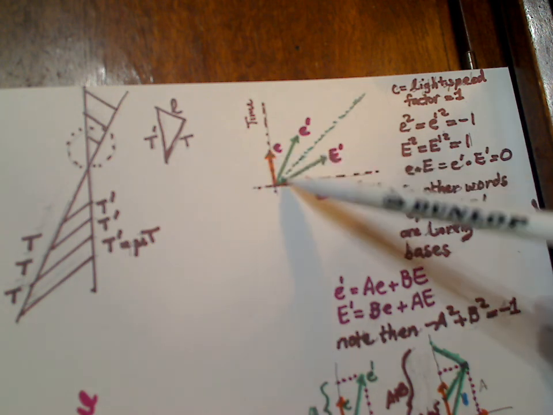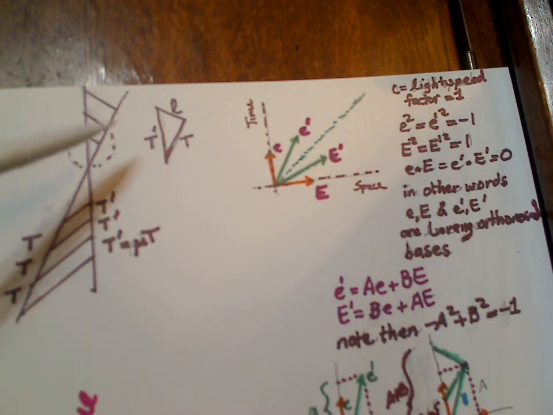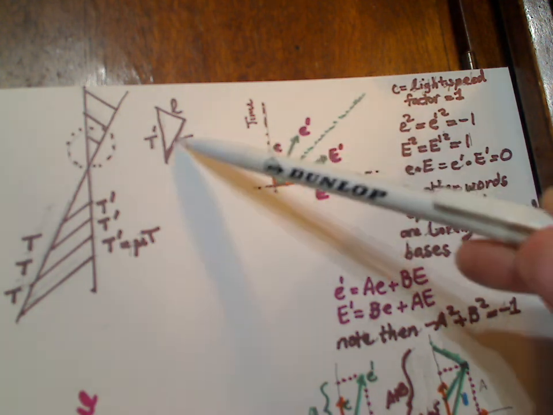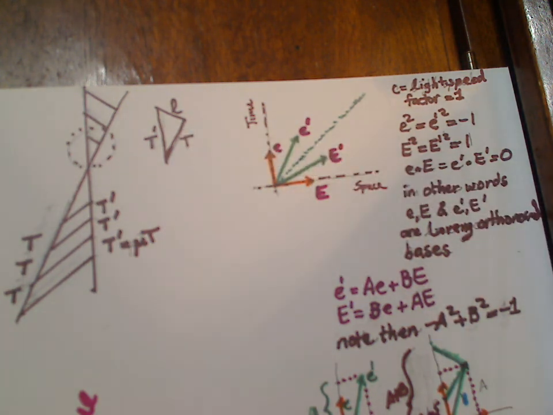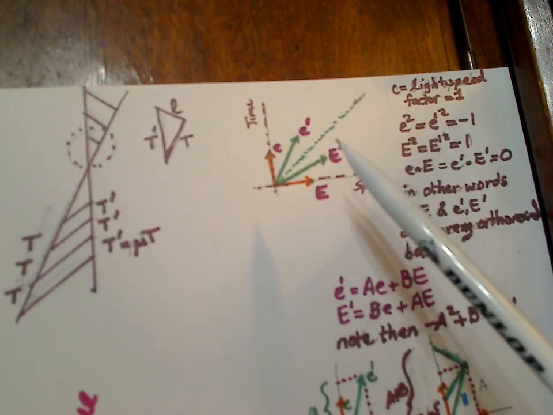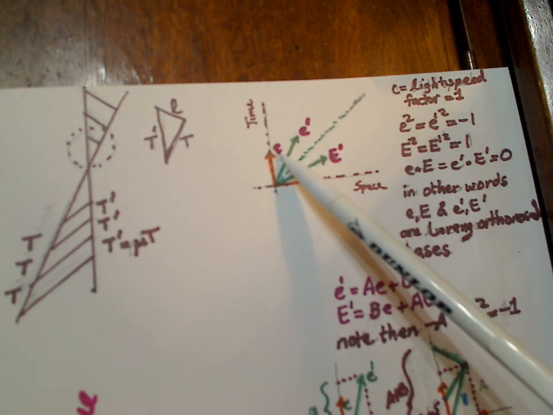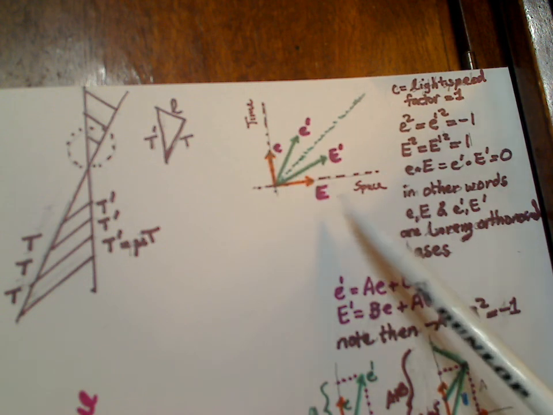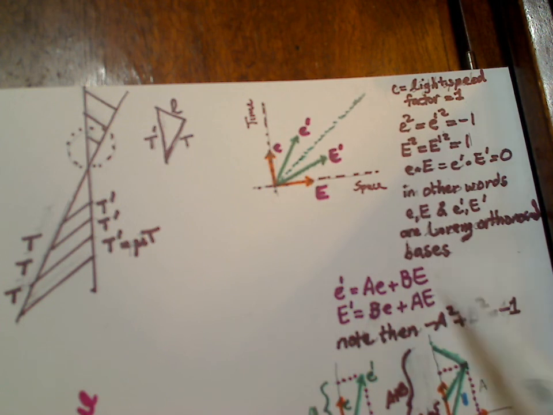Now this little e represents one observer, so that could represent this vertical guy here. And the little e prime is this other guy. Now it turns out that little e prime is a linear combination of little e and capital E. In other words, I can express the vector little e prime in the basis little e, capital E. Little e prime equals this.